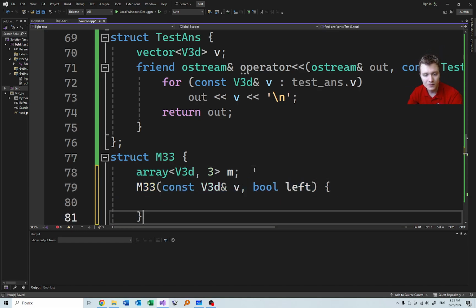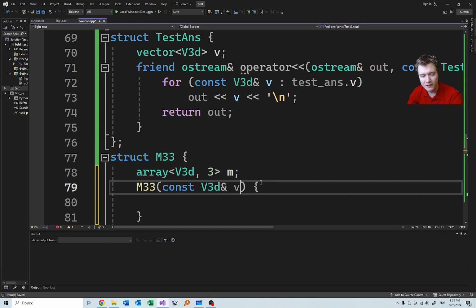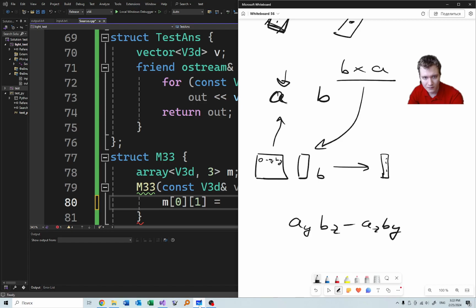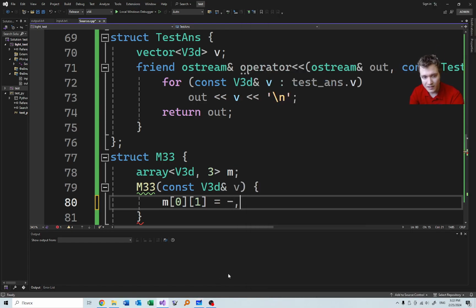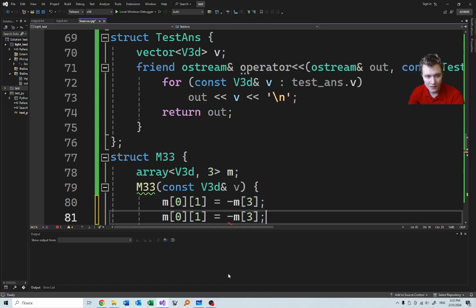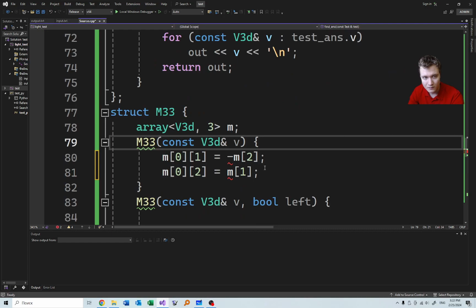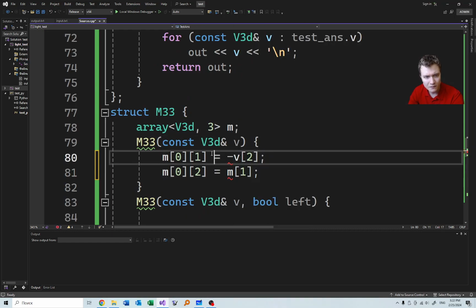So first of all, let's just make this. We always work from the left. So we say that M01 is minus V2, M02 is V1. Not M, but V.